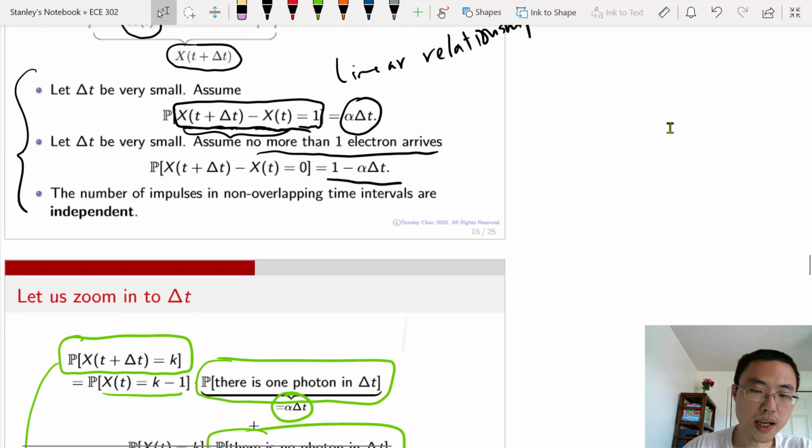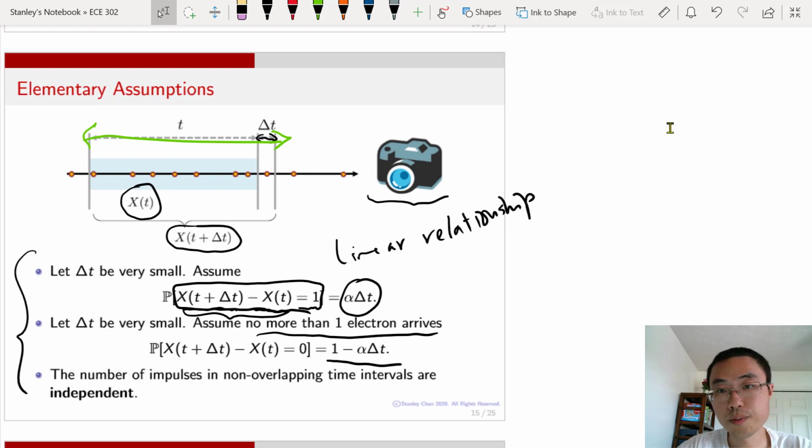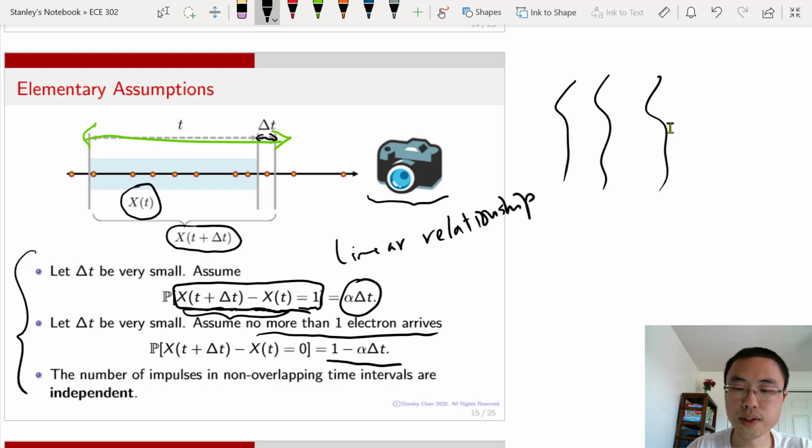And if you trace back, this process comes from this process. This process says that I have incremental events that are happening, and these are all independent events, and also the probability of that event is linear. So if you violate any of these assumptions, then you won't be able to get a Poisson equation. One scenario would be that you're not just using a camera to shoot the image, but all these photons are going through some scattering media.